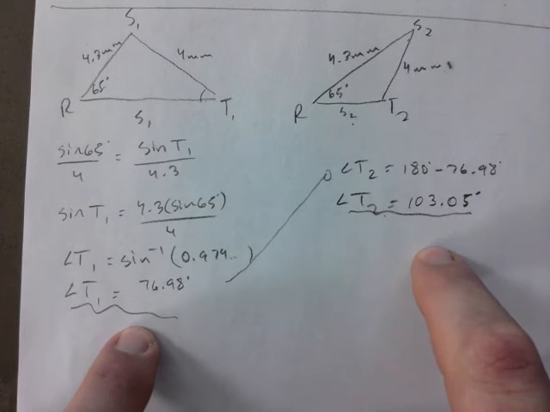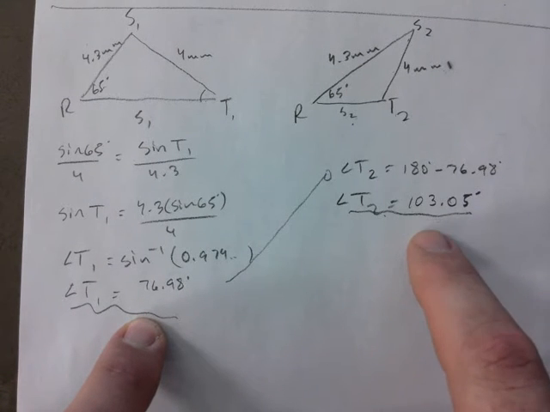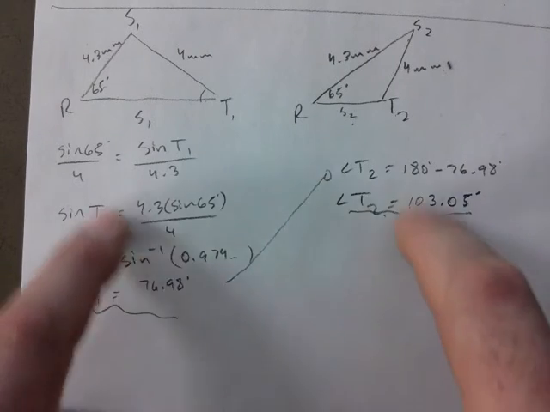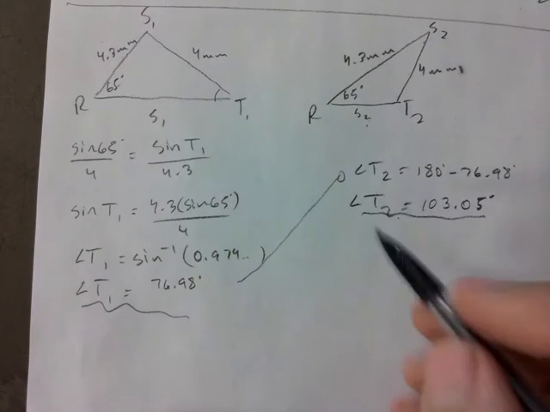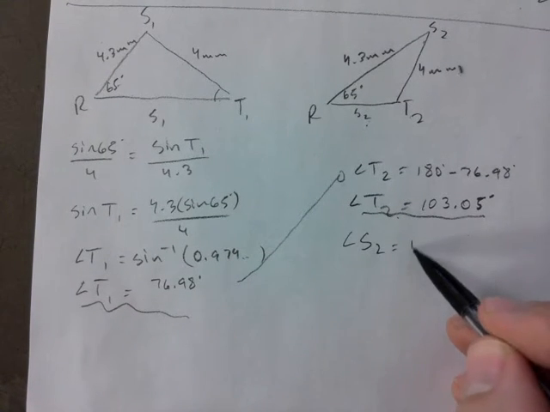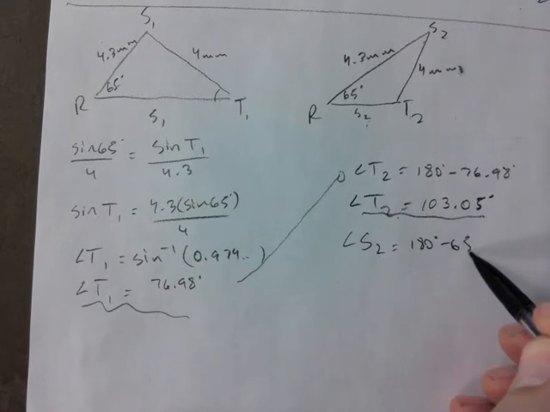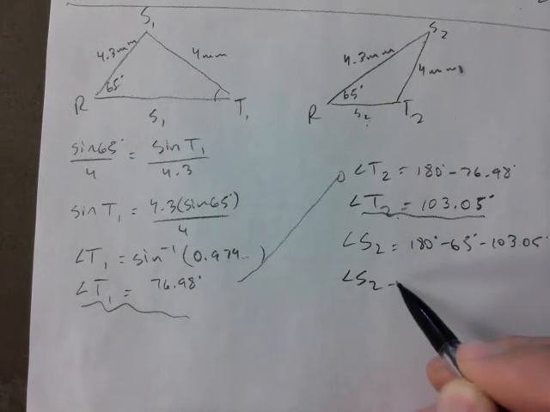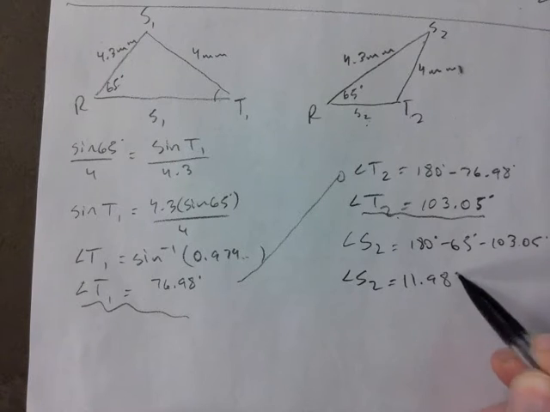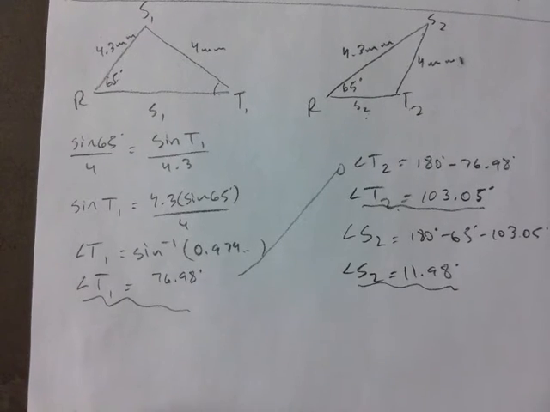Find both angle S, S1 and S2, and then that would be it. Okay. The longest one is if you're asked for that side, right? So let's go ahead and find angle S2 is 180 minus 65 minus 103.05. S2 is 11.98. Also important.